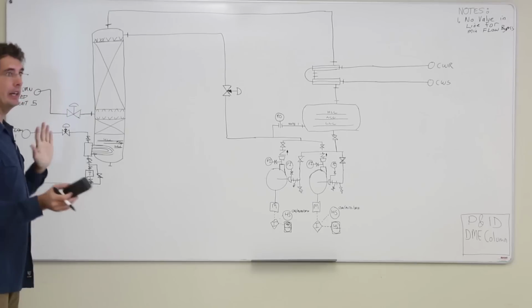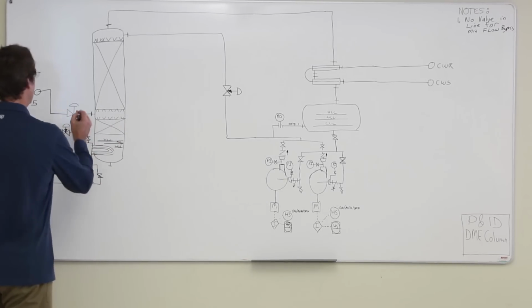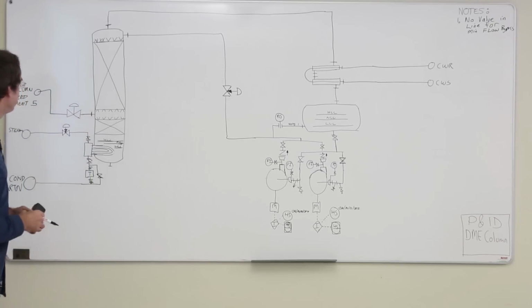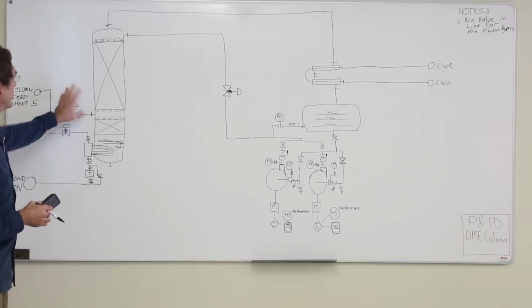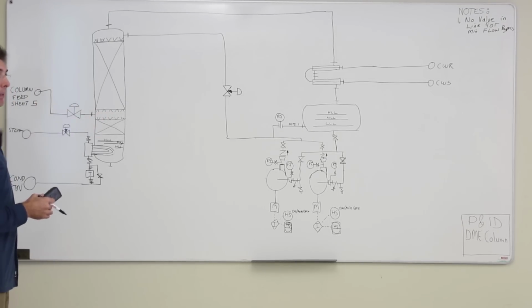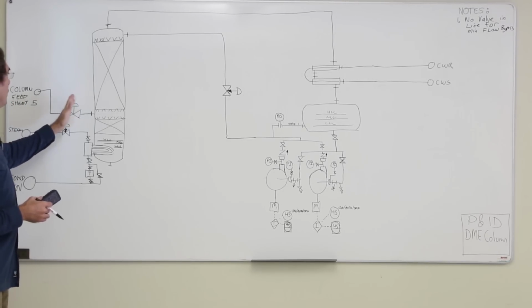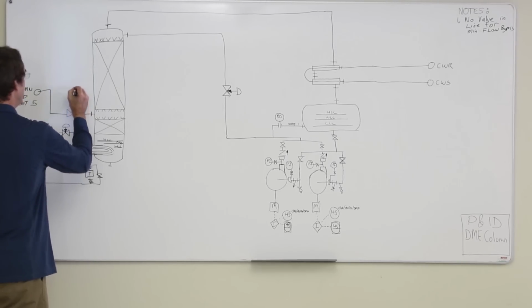This is where it gets tricky if you start splitting P&IDs up. I think of this as the control feeding the tower, but that control might be doing double duty. It might be doing something on the upstream P&ID. So whether we put the control valve here and bring some signals in, maybe that's what we'll do.